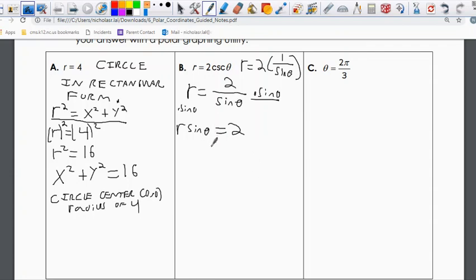So remember our polar conversion, y is equal to r times the sine of theta. So y is equal to 2. So this is going to be a horizontal line.